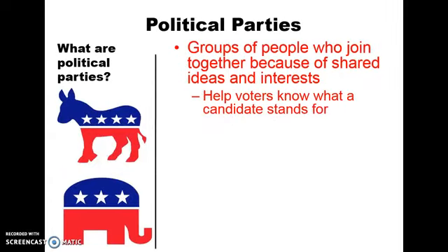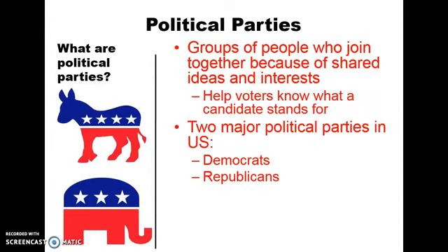Now, we have two major political parties in our country, and basically what political parties do is they represent people who share similar ideals and ideas and interests. They let a voter know what a candidate stands for. And our two major political parties in the United States and in Georgia are Democrats and Republicans.